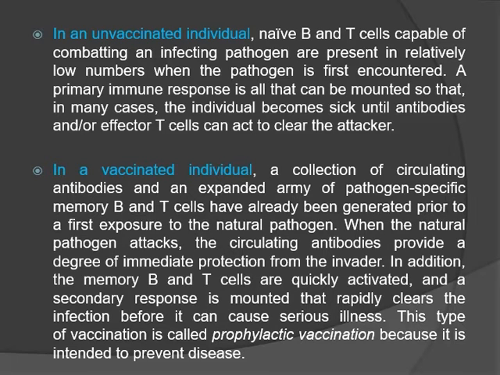In addition, the memory B and T cells are quickly activated, and a secondary response is mounted that rapidly clears the infection before it can induce serious illness. This type of vaccination is called prophylactic vaccination because it is intended to prevent disease.